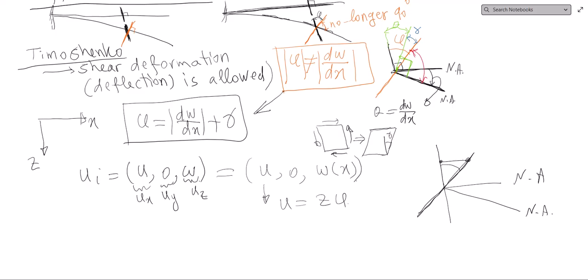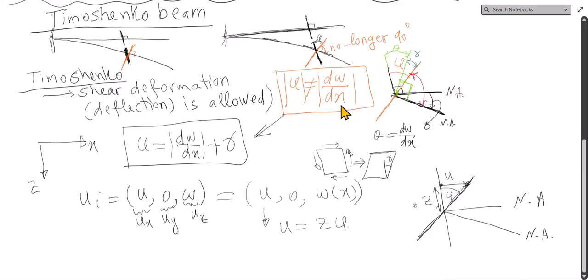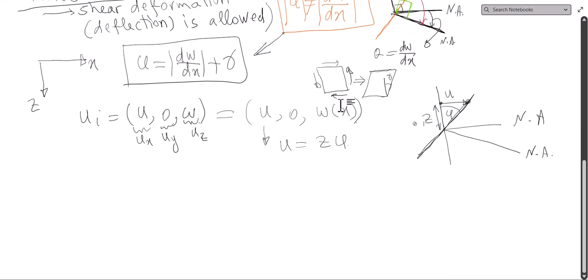Maybe I get rid of this here, and this is my u. Of course, I am mapping the z translation on top of each other. So this is u. If this is phi, then u is z phi, where z is the distance from the neutral axis to the point that we are considering.